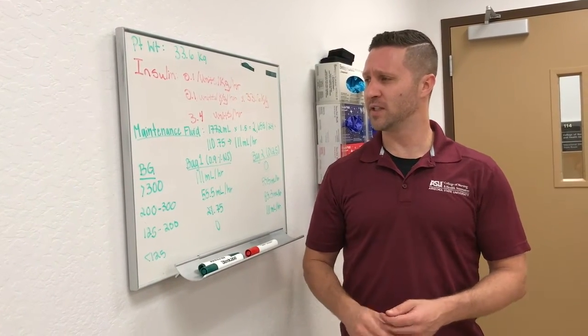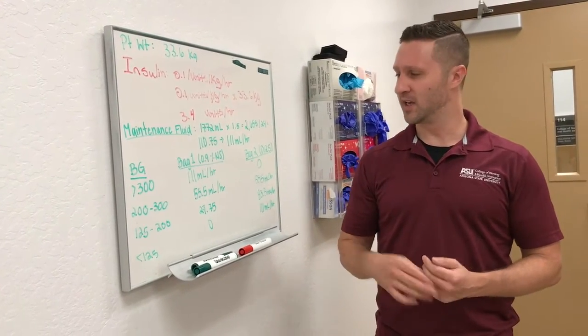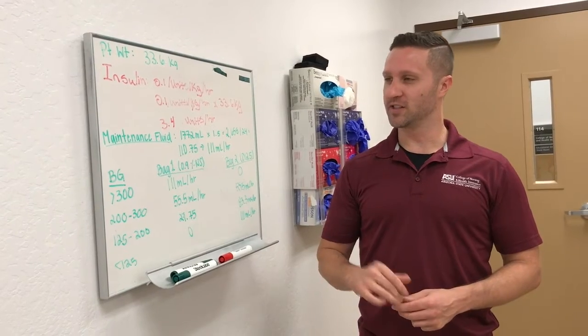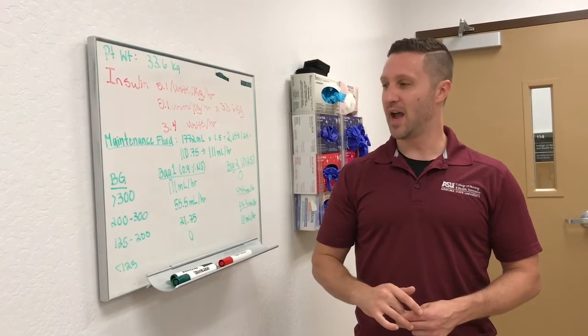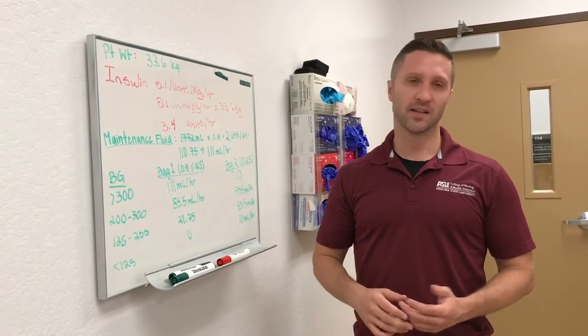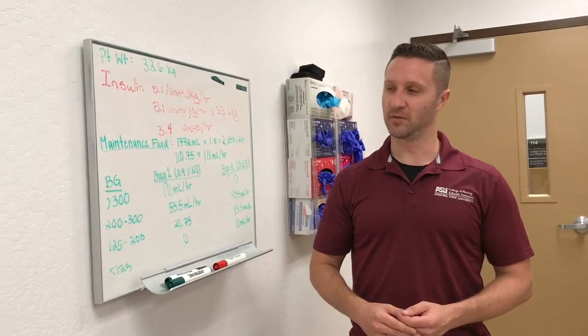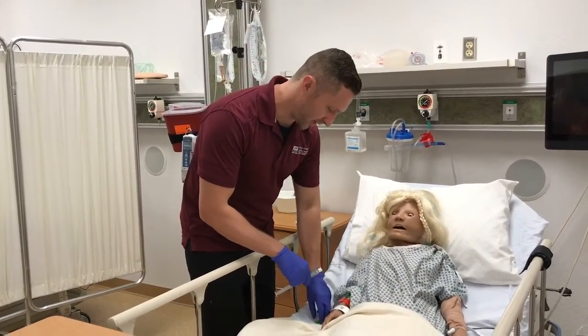And then the maintenance fluids, you can see here, we've worked out the math for the maintenance fluids to reflect the protocols, and this is what we have. So the first bag will start at 111 milliliters an hour with bag 2 at 0, since her blood sugar check was 350.